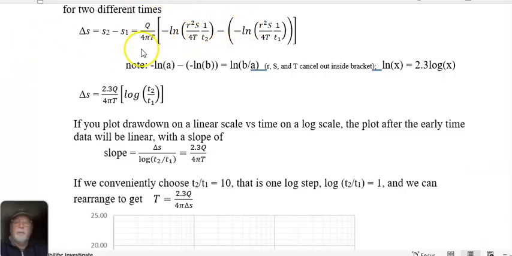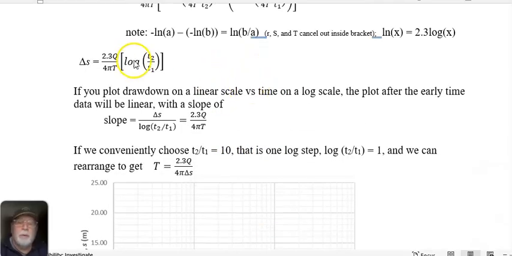And if I do some simplification, I can change from a natural log to a base 10 log. I get that the change in drawdown, or the difference in drawdowns between two times, is 2.3 Q, the flow rate, over 4 pi times T, the transmissivity, times the log of t2 over t1. You notice that these other terms in here cancel out.